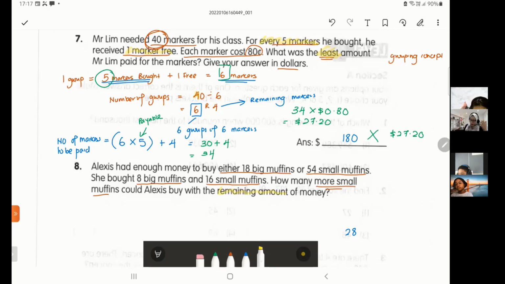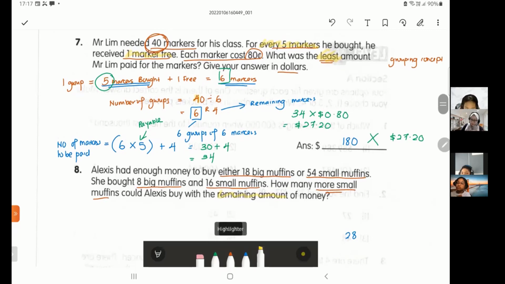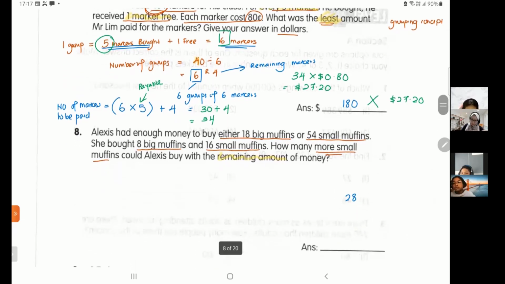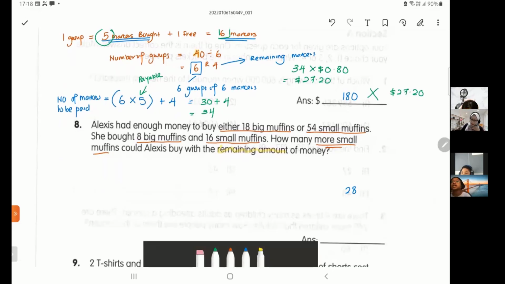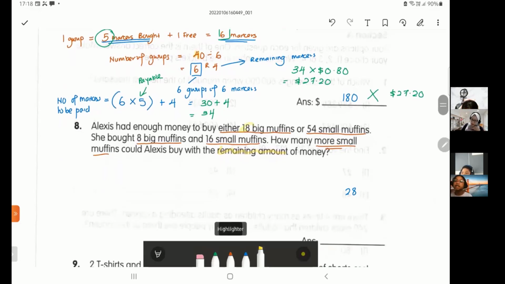Okay, we look at what is given in the first sentence. Either 18 big muffins or 54 small muffins, correct?